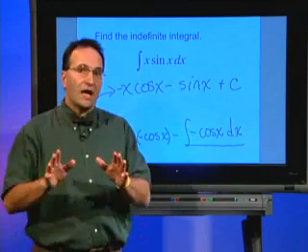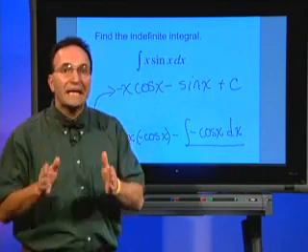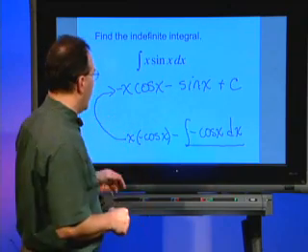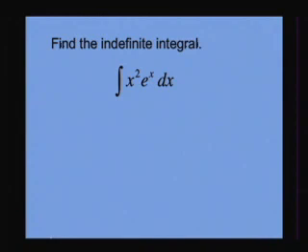Now, sometimes when you use integration by parts, you may have to use it repeatedly to evaluate the integral. Let's take a look at something like that. Here let's take the integral of x squared times e to the x dx. In this particular case, we're going to say that u is equal to x squared.